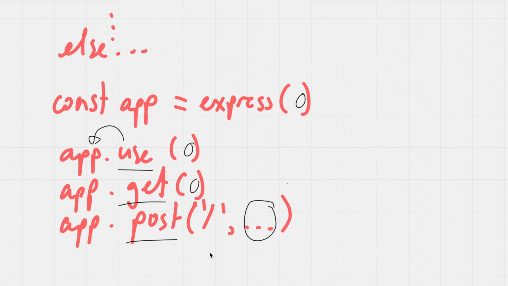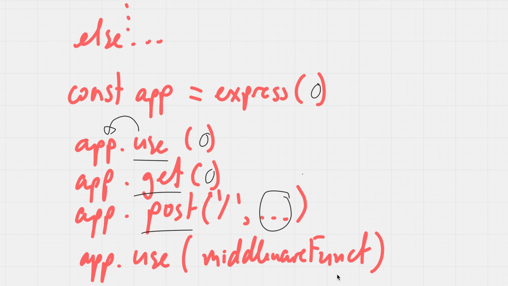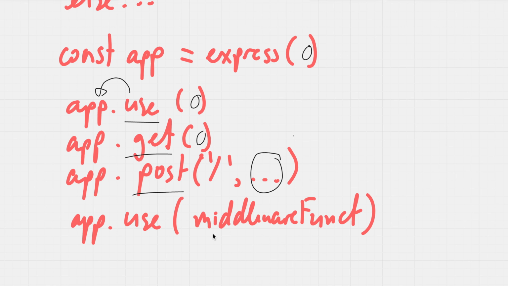So essentially what we have is app, and then let's say .use, and then here you'll have a middleware function, and yes, that's essentially it in terms of what middleware is.